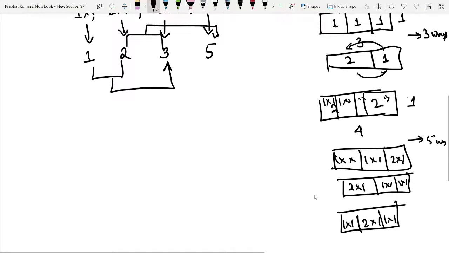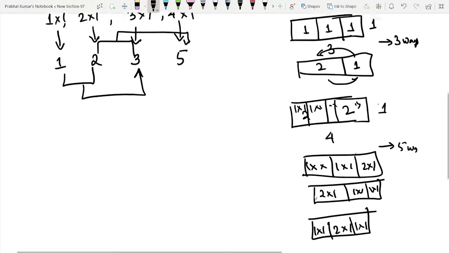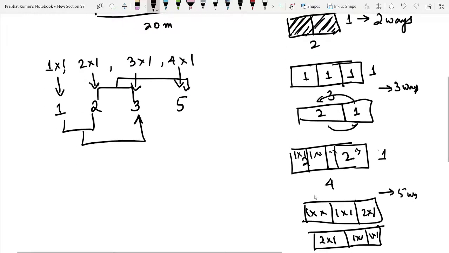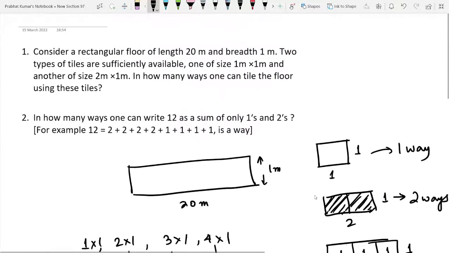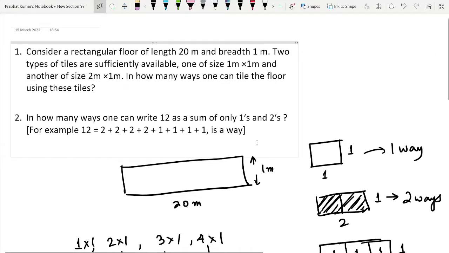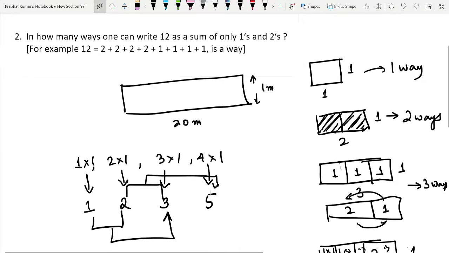Another thing I was talking about is that when we try to solve this problem, we automatically get something related to the second question.